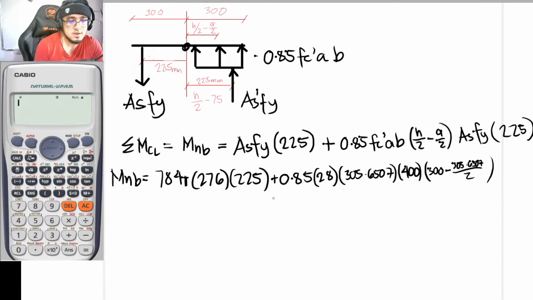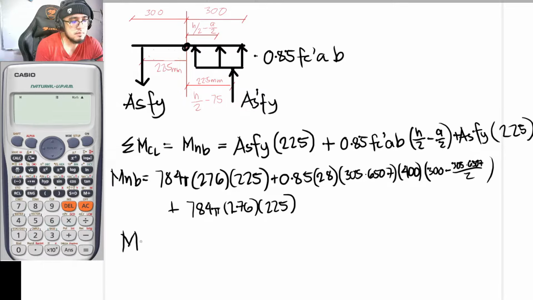Since we do not have any space, let's proceed to the next line. So plus, by the way guys, this is plus. So plus A_s f_y, and our A_s is now to be equal to 784 pi, for f_y, 276, and for our lever arm, that is also 225.